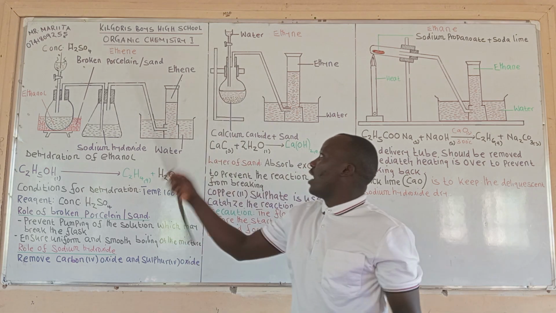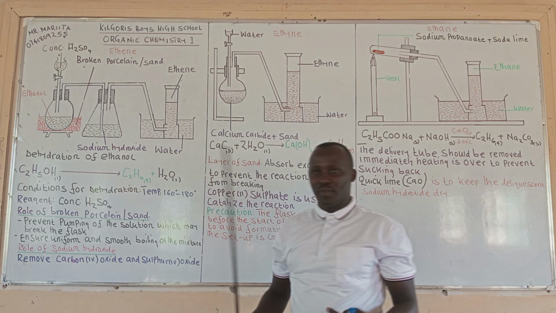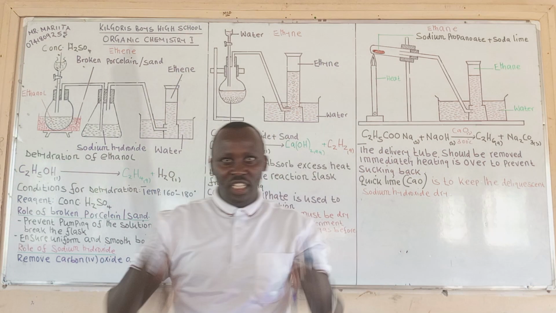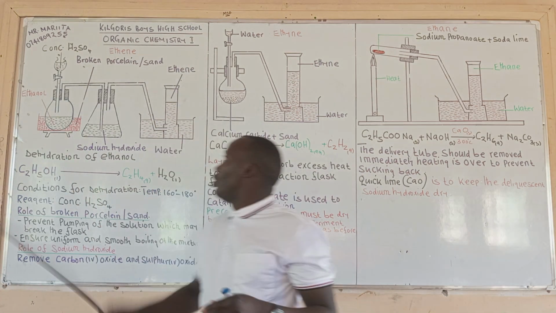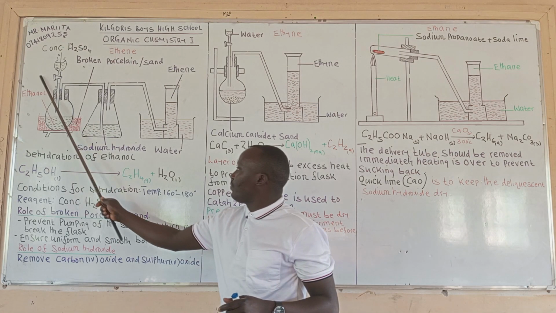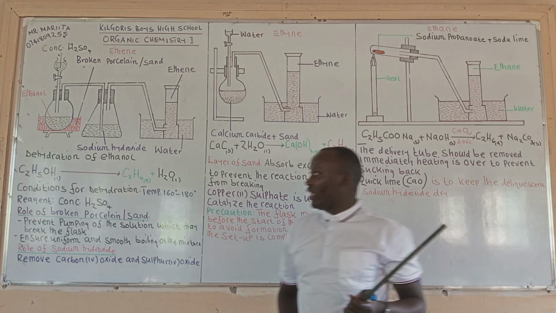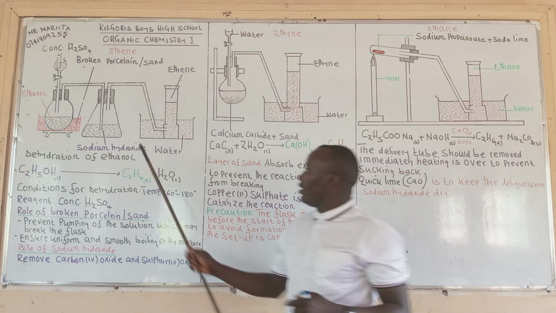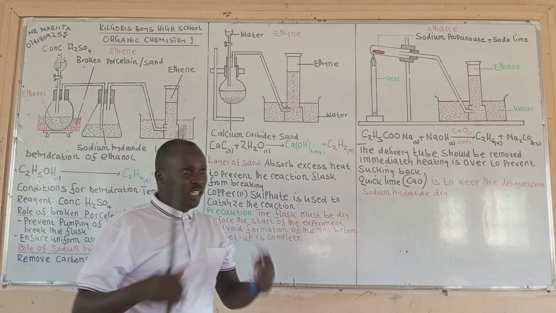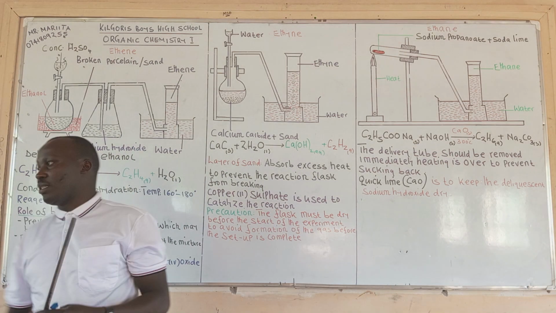So for the preparation of ethene, first of all you have a reaction between concentrated sulfuric acid and ethanol. So you have this concentrated sulfuric acid, and then you will have ethanol there. Then you have sodium hydroxide. In this case, you need to know what is the purpose of sodium hydroxide in this experiment.